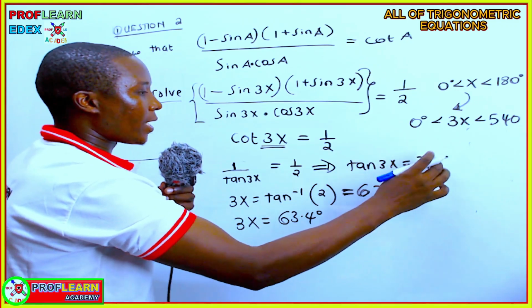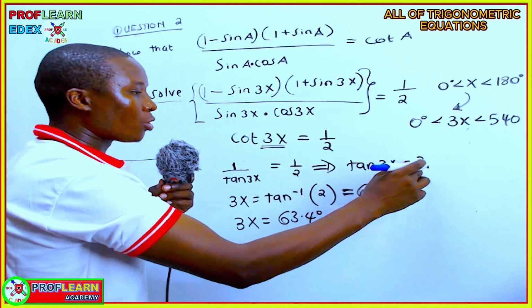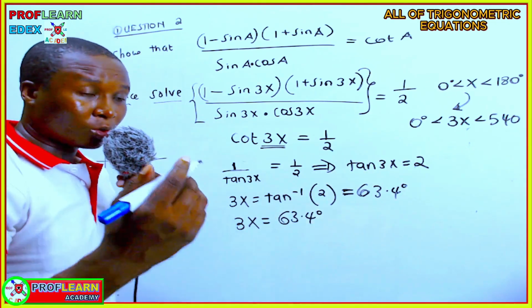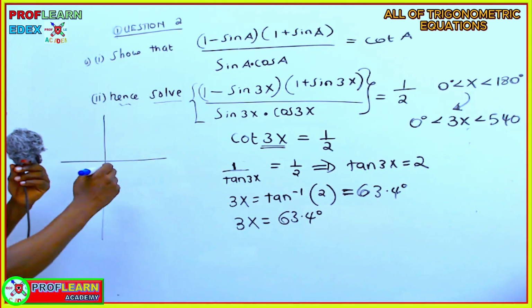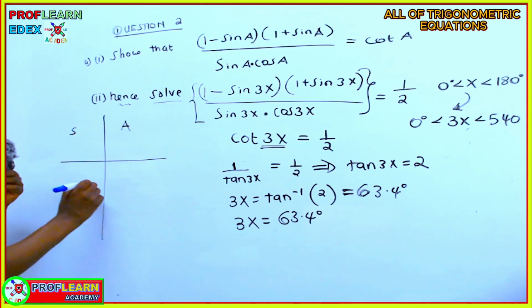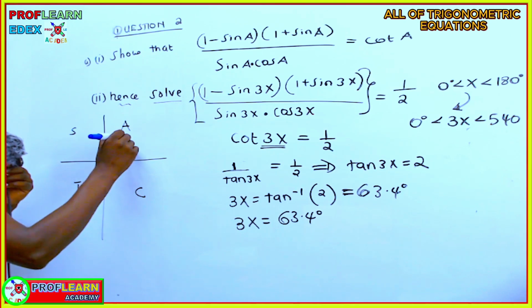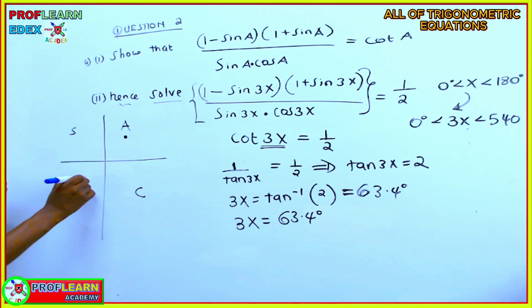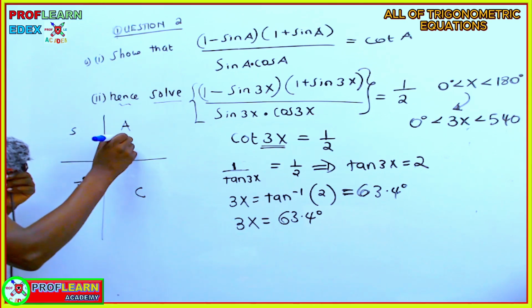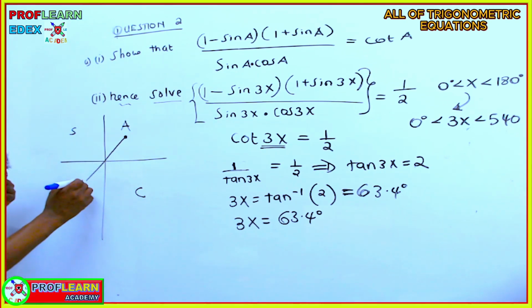This is where tan is positive, because tan 3x equals positive 2. So we check our angles where tan is positive, using all students trust Cambridge. So our angle is going to be in the first quadrant and also in the third quadrant.